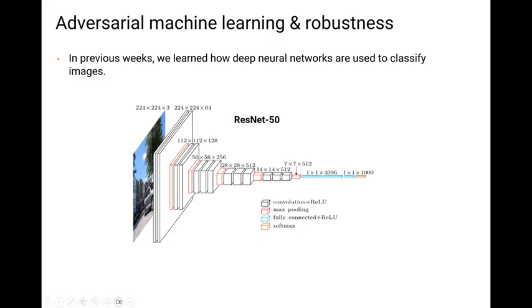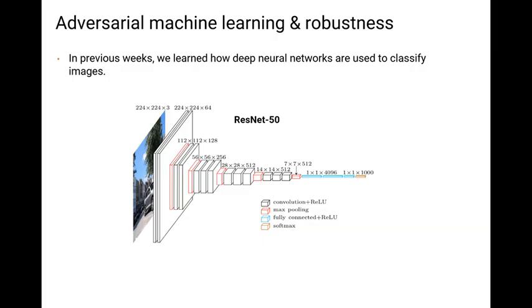In the last few weeks, you have already learned some of the deep learning techniques used for classifying images or doing segmentation. They are mostly based on CNN, and no matter what kind of deep learning you use, you always have some problems.